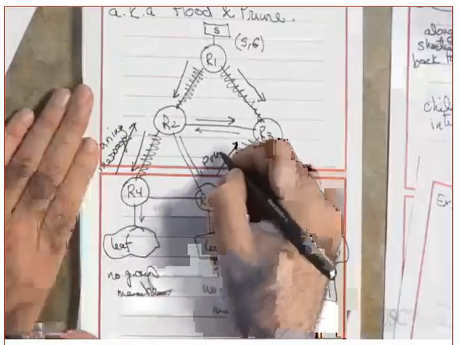Okay, let's assume that I have R1 here, R3, R5, and let's say there is a source here.